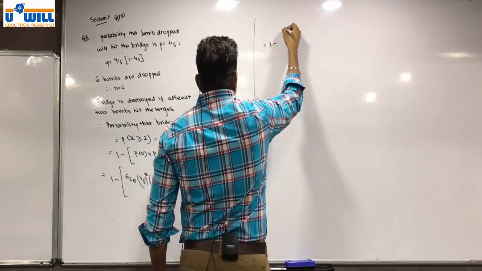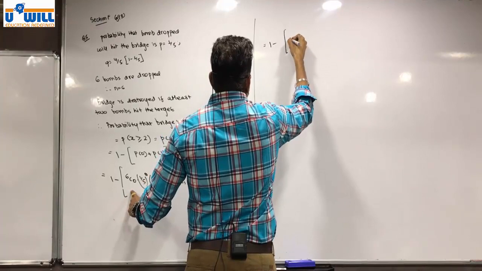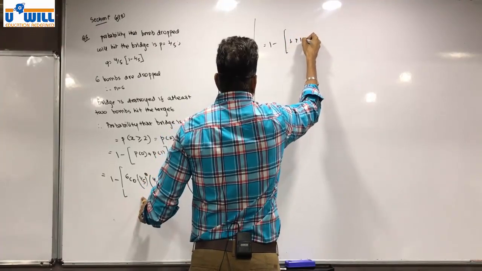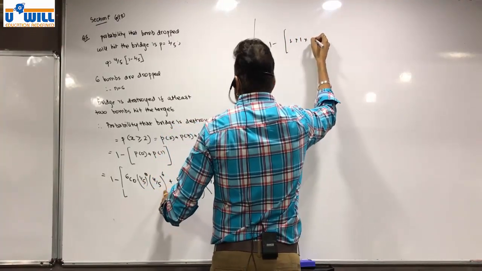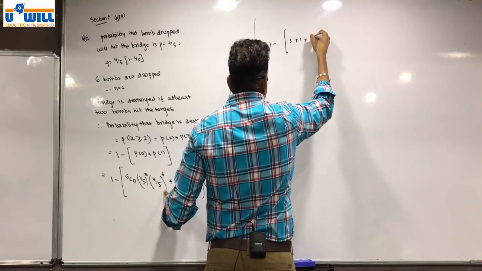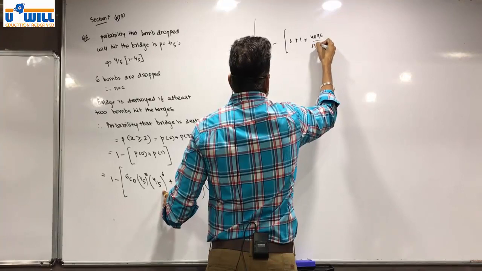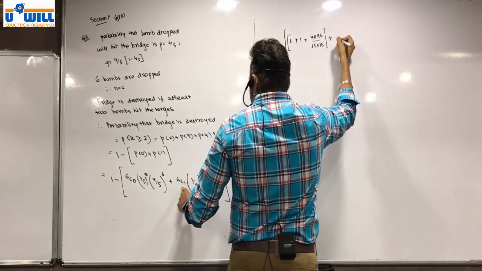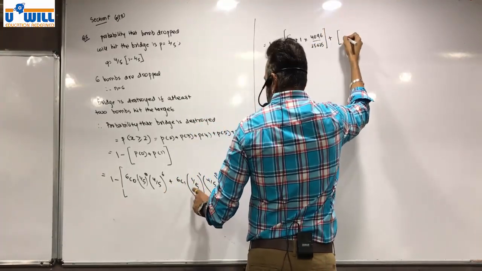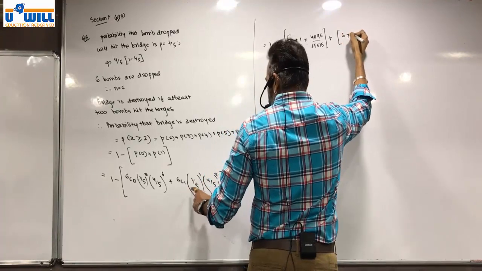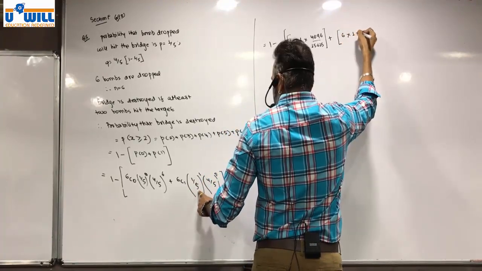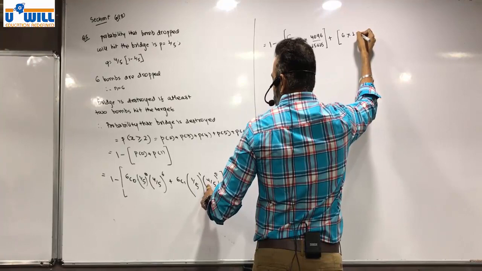is equal to 1 minus 6C0 is 1 into 1 into 4 raised to 6 is 4096 upon 15625 plus 6C1 is 6 into 1 into 4 raised to 5.